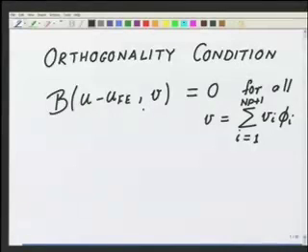So we had said that one candidate v is u_fe itself, because u_fe satisfies the 0 condition at the point x equal to 0 for our problem, and it can also be represented in terms of the shape functions, the basis functions, as we have done.